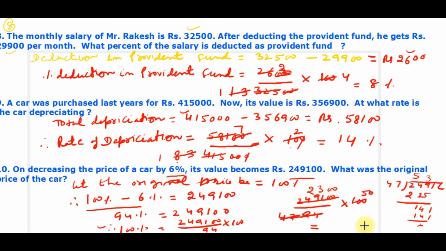So this would become 53, and then the zeros. 5 3s are 15, 5 2s are 10 plus 1, 11, and the thousands.